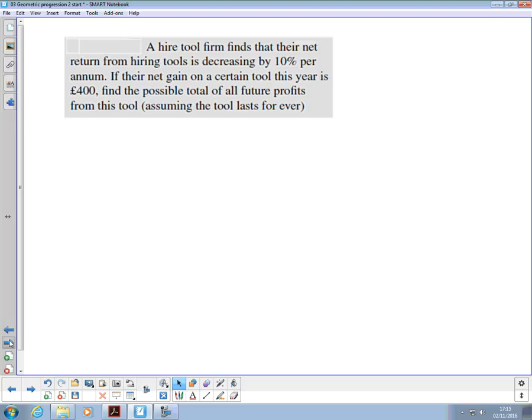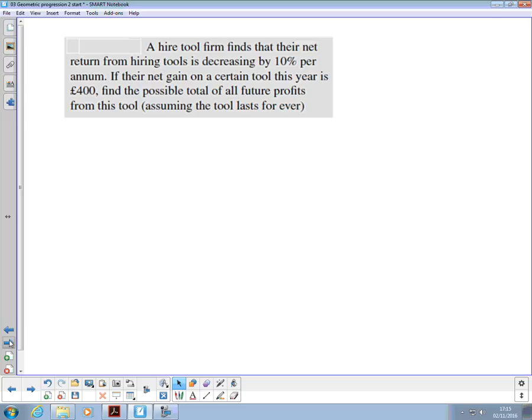Okay, so it's decreasing by 10% a year. This year they earned £400 from it. What have we got to find out how much in total they will make off those tools if they go on forever? What are we talking about when we talk about forever? Infinity. So we're looking for the sum to infinity.